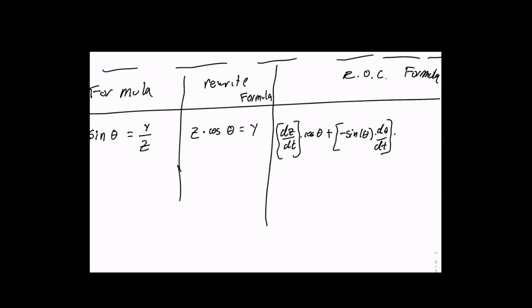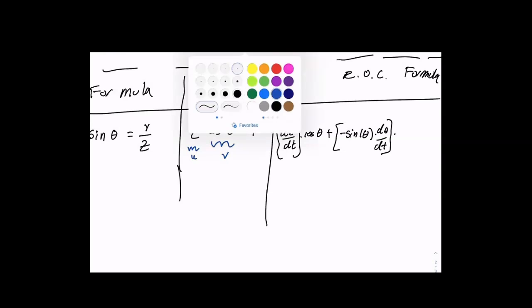So negative sine of theta d theta dt times, what is that? Z, yeah, just a z.